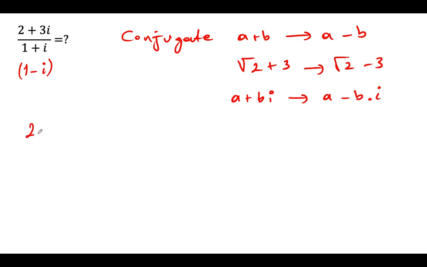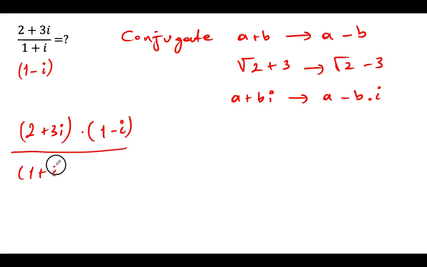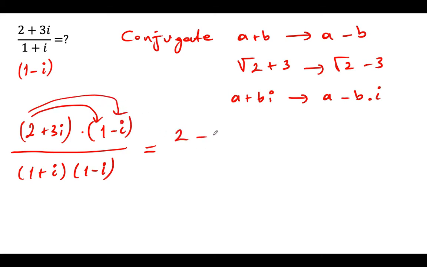So, I multiply the numerator and the denominator by the conjugate of the denominator. If we distribute this, 2 times 1 is 2, 2 times negative i is negative 2i, 3i times 1 is 3i, 3i times negative i is negative 3i squared, divided by 1 times 1, 1.